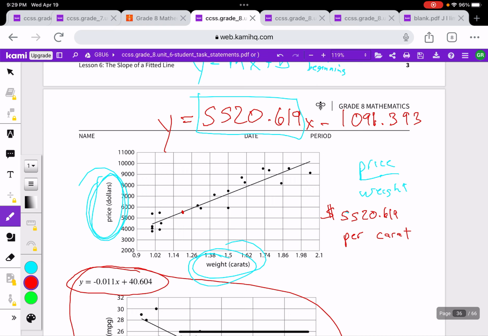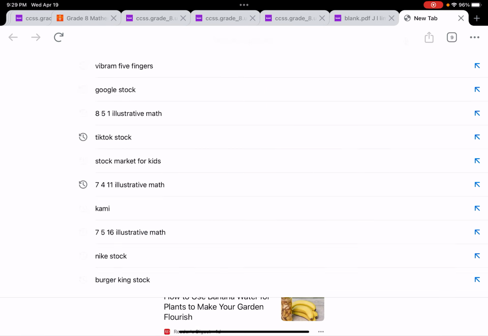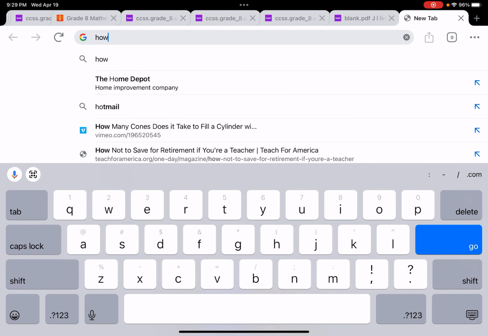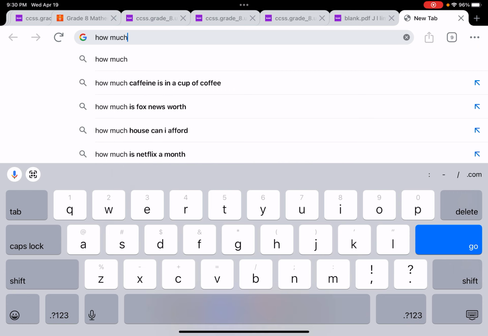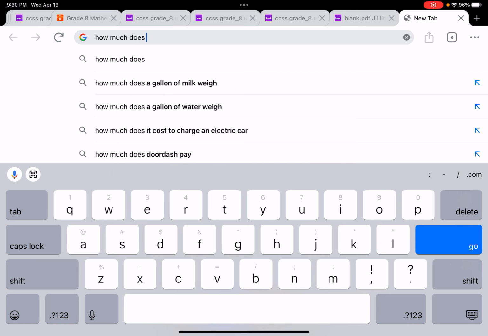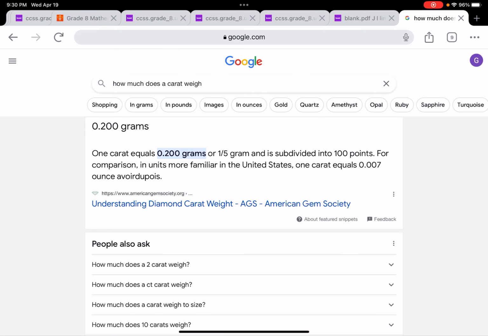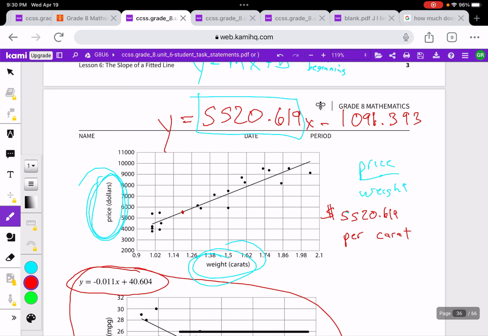Again, I always wondered, how much does a carat weigh? A carat is 0.2 grams. Fifth of a gram, okay. So, per carat. So for 0.2 grams, it's $5,520.62 if we round it up per carat.